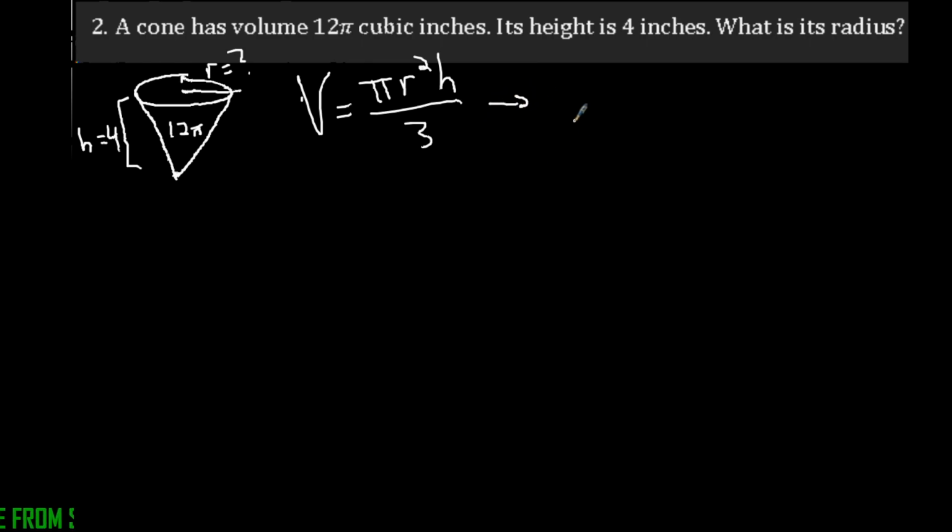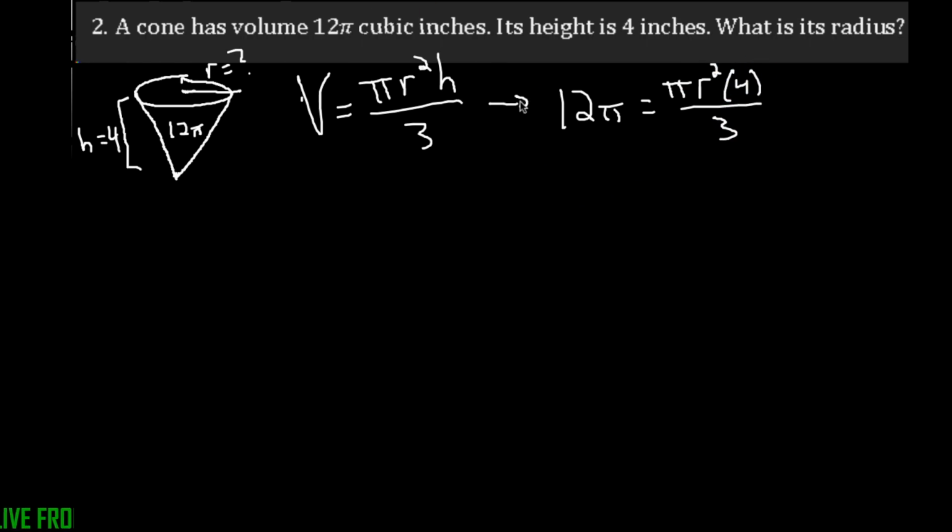So we have 12 pi equals pi times the radius squared times 4, so let me put these in parentheses, times 4 divided by 3.